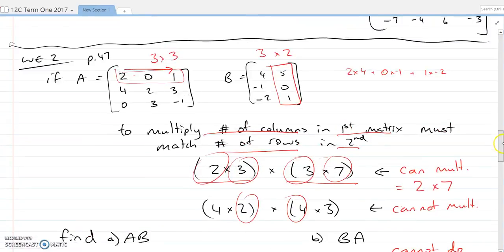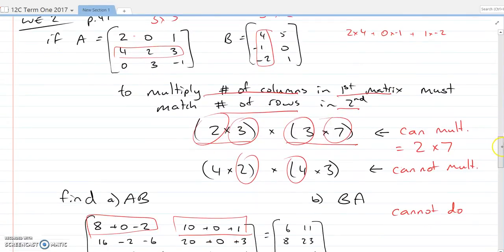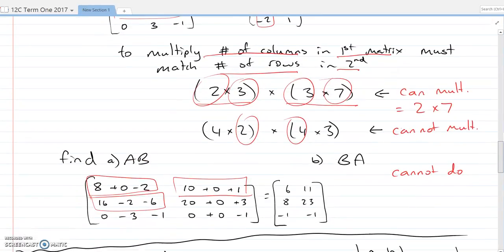We go on to the second row. Now the second row we do times the first column, and that will give us 16 minus 2 minus 6. And so on. That's how we multiply matrices.